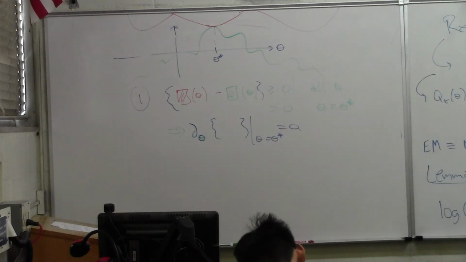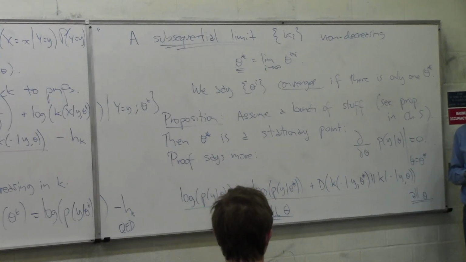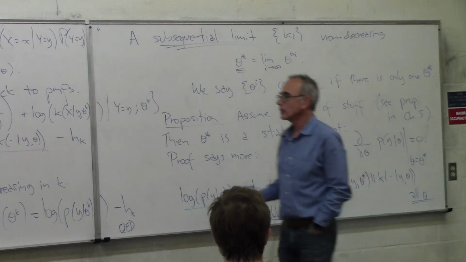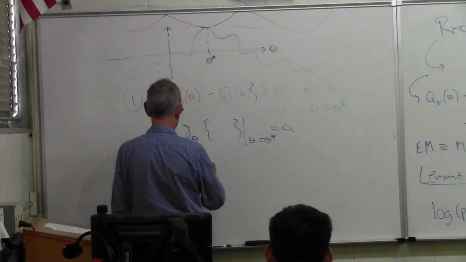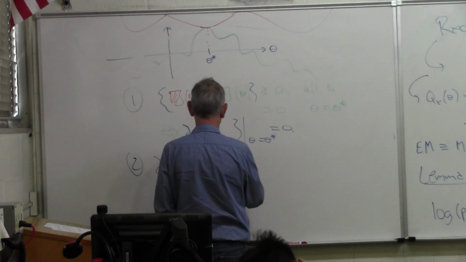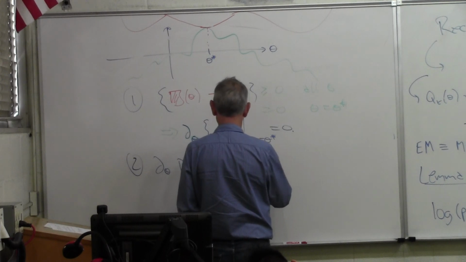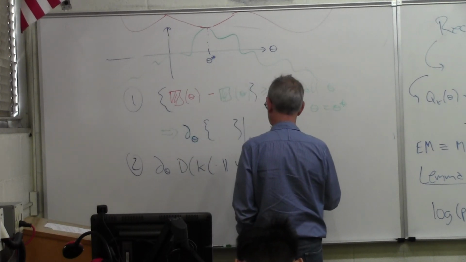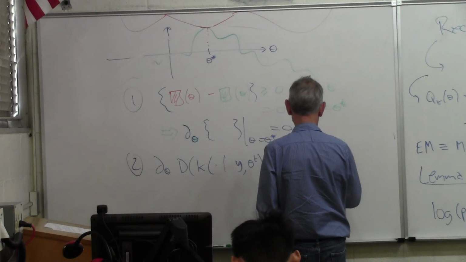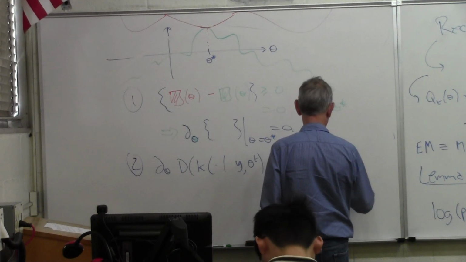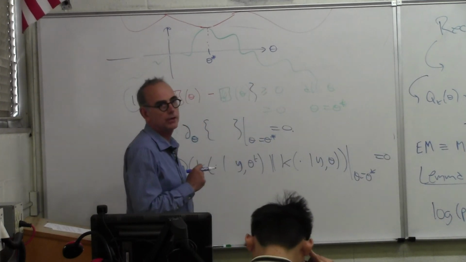But the really important thing is that the gradient of this at theta star is also equal to 0 because theta equals theta star is a minimizer of that. Okay, so you need two things, right?